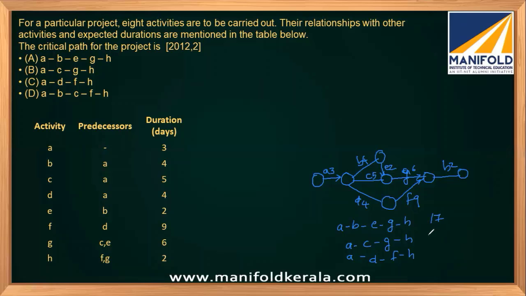Then 4 plus 5, 3 plus 5, 8, 8 plus 6, 14 plus 2, 16. A, D: 7 plus 9, 16 plus 2, 18. So this is the critical path, and this is the length of the critical path.